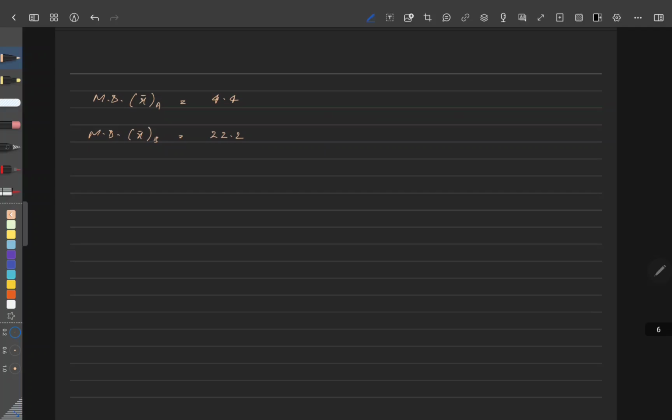So you can see that the mean deviation of team B is 22.2, which is more than the mean deviation of team A, which means that for team B, whenever they are scoring their first goal, there is no guarantee at what time in the game they are most likely to score their first goal.